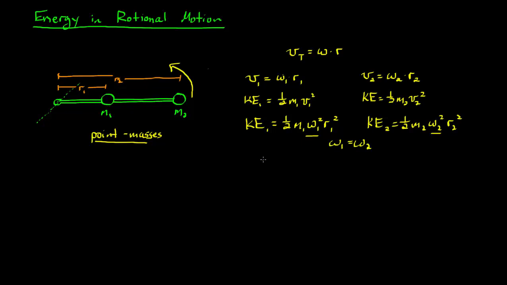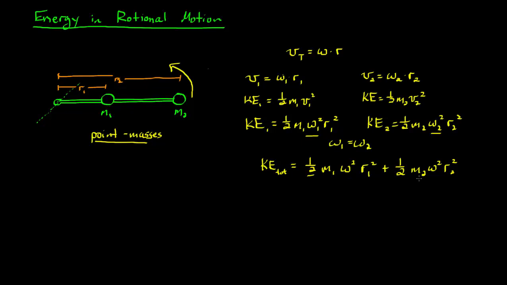So the total kinetic energy is going to be 1/2 m1 omega squared r1 squared. So it's just the angular velocity of the entire apparatus plus the kinetic energy of the second object, 1/2 m2 omega squared r2 squared.